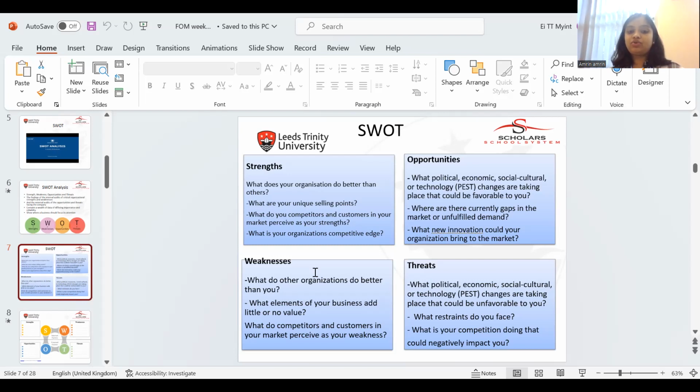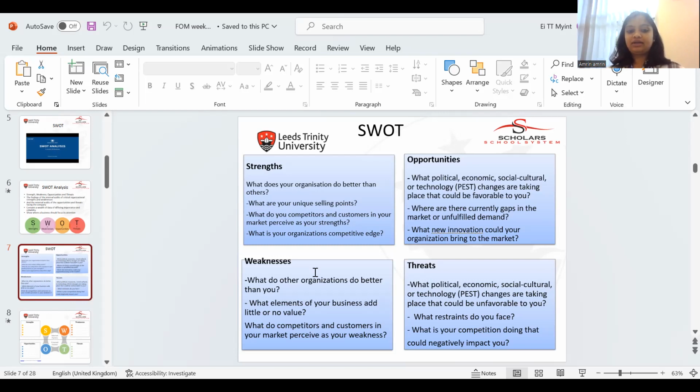Next, what elements of your business add little or no value? If you start analyzing and you see some elements in your business which are adding only a little profit or value, you can remove them or you can try to improve them, right?